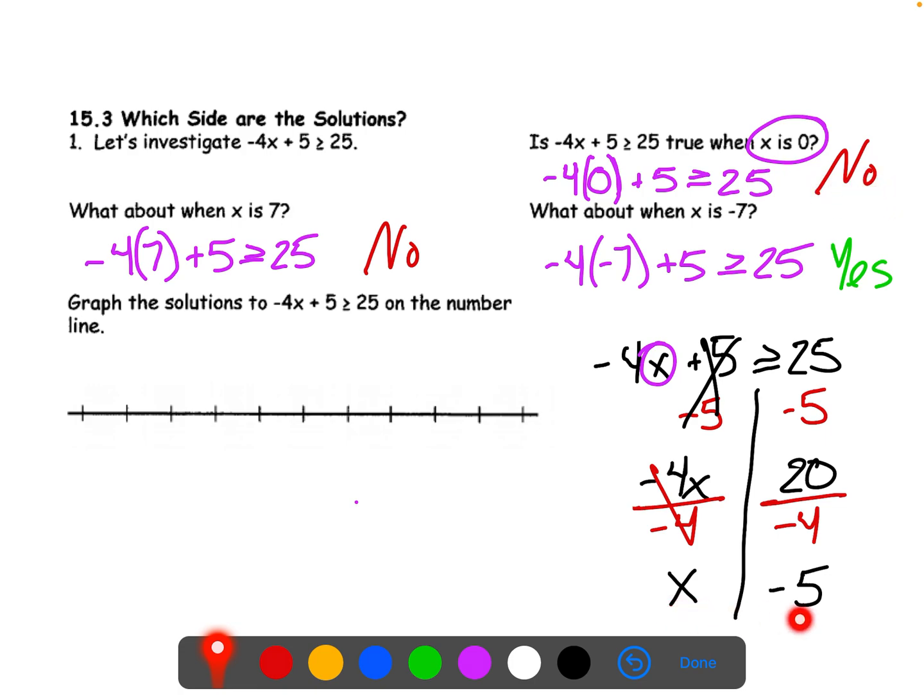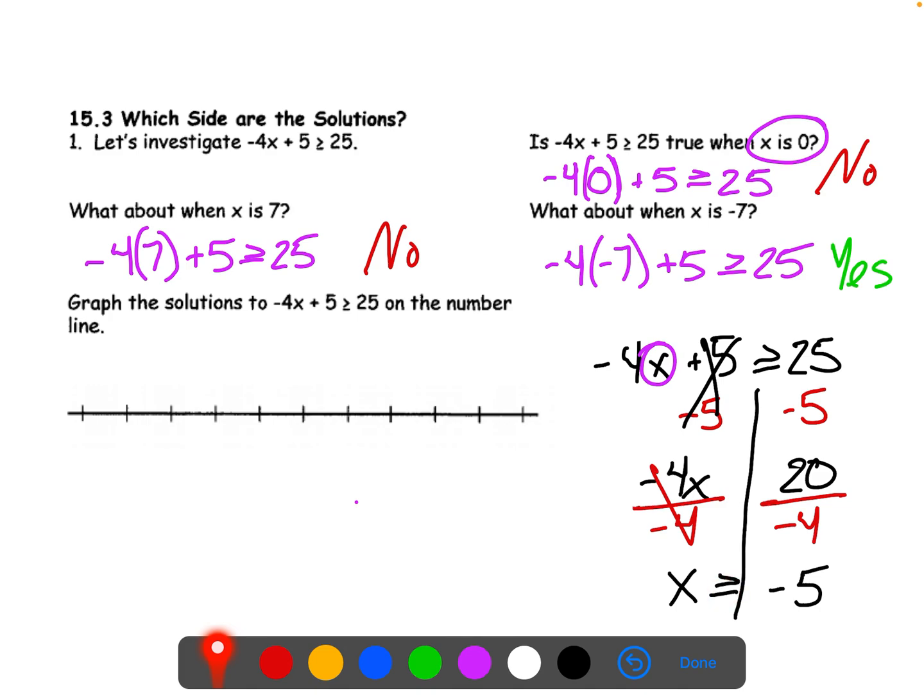So if we're saying 0 cannot be a solution for x, and we need to include all the values of x, well, we don't want to include 0. So if I were to put the original symbol, which was greater than or equal to, 0 is greater than or equal to negative 5. And we just said 0 doesn't work.